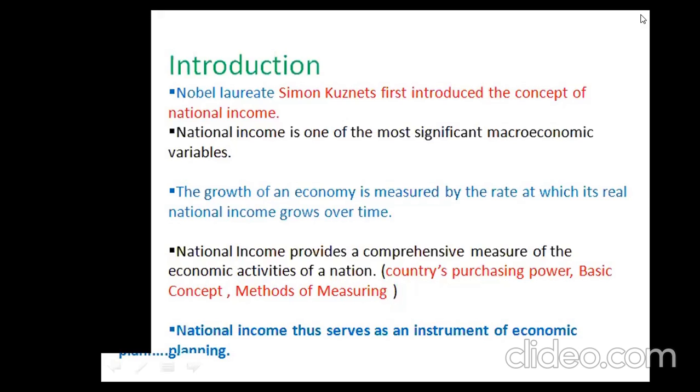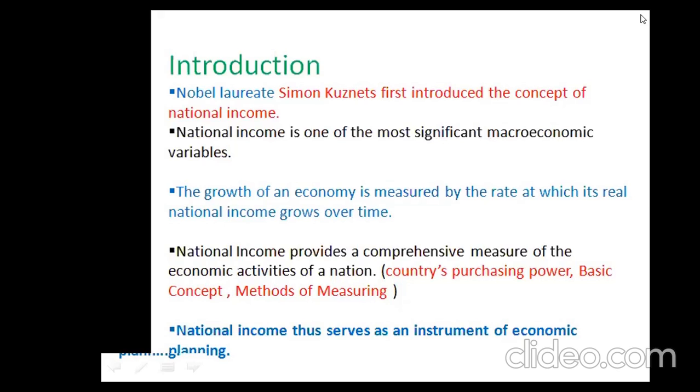The national income provides a comprehensive measure of the economic activity of a nation. That is, we get to know about the economic status or growth of a nation based on its national income.